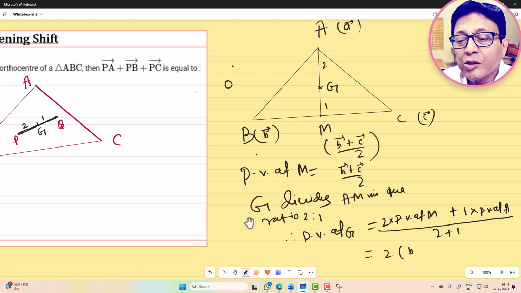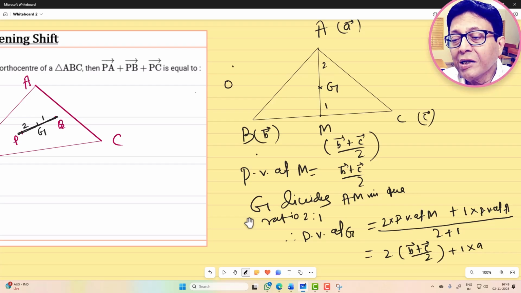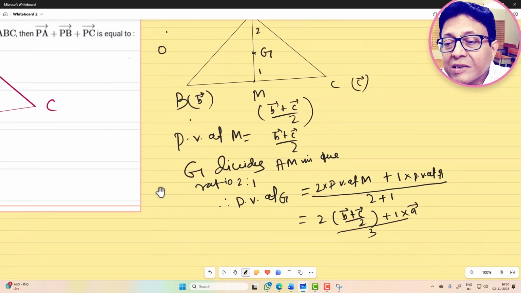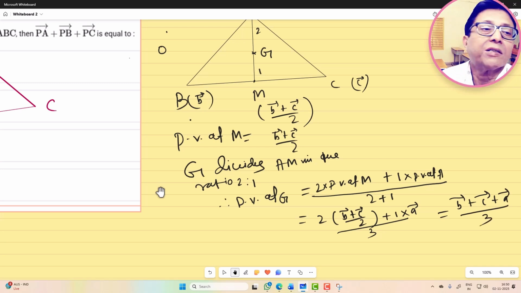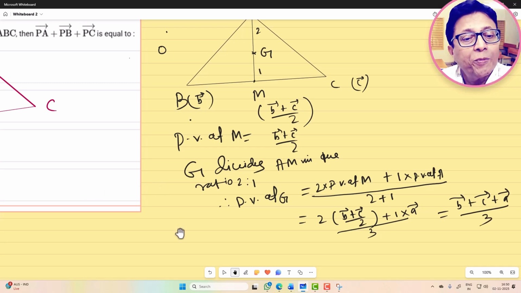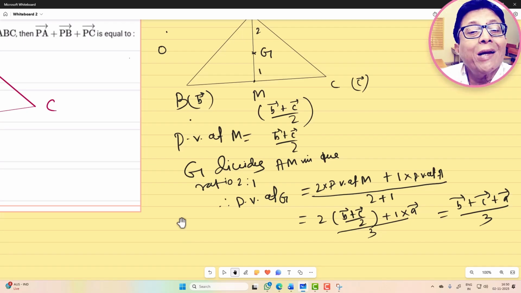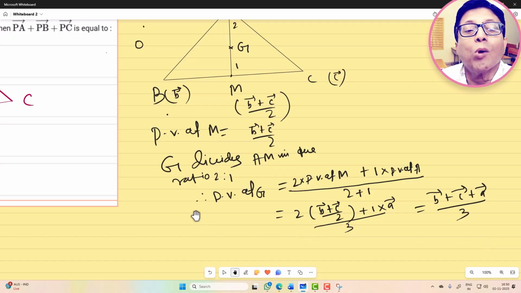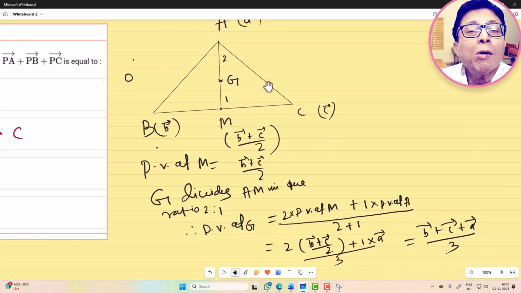So it is 2 into (B plus C) divided by 2, plus 1 into A, all divided by 3. So this is going to be (A plus B plus C) divided by 3. Clear? Hope you have understood. So the centroid has a position vector which is 1/3 the sum of the position vectors of the 3 vertices.